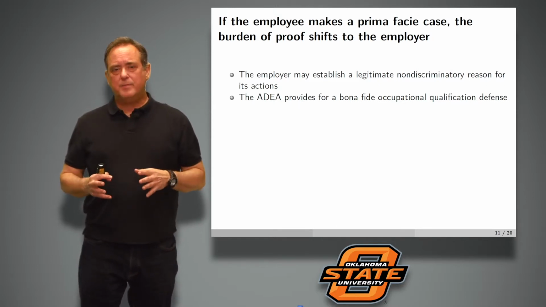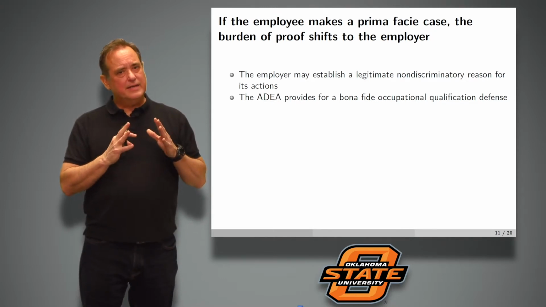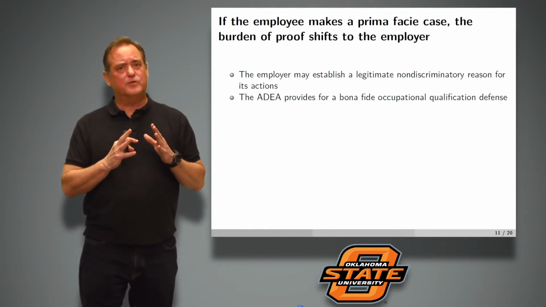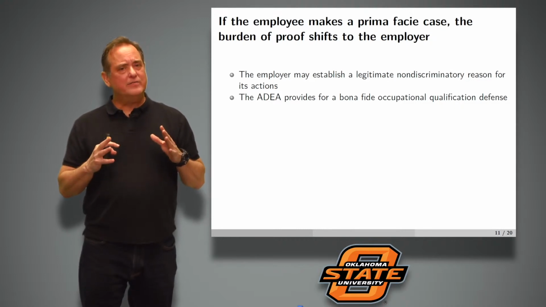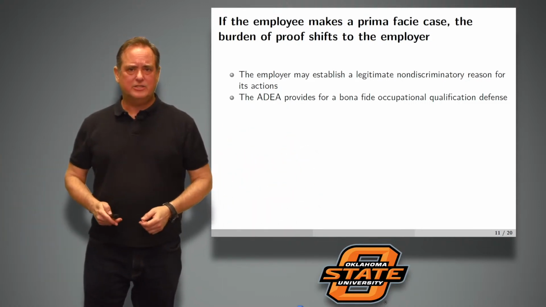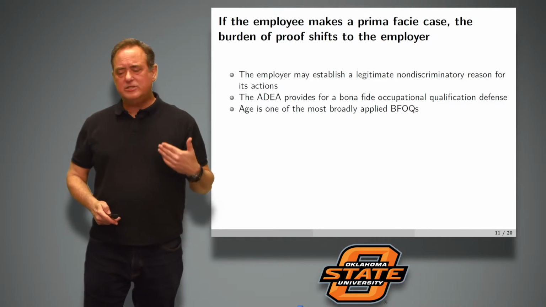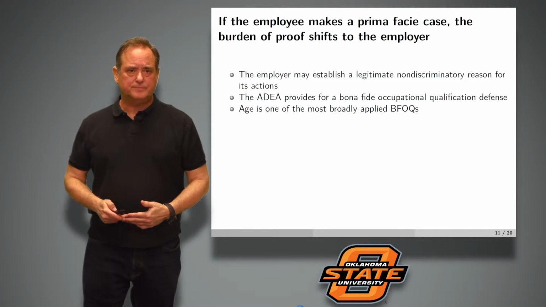Now, when we were talking about the BFOQ, we said it's not available at all for race or color. It's slightly available for sex, but almost never. It's a little bit available for national origin, but it's a lot available for age discrimination. Age is one of the most broadly applied BFOQs.